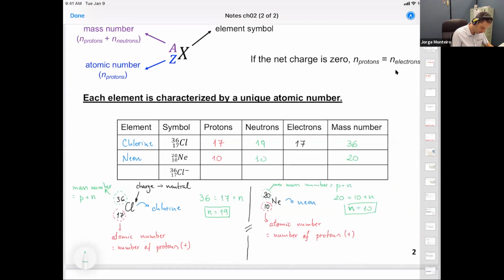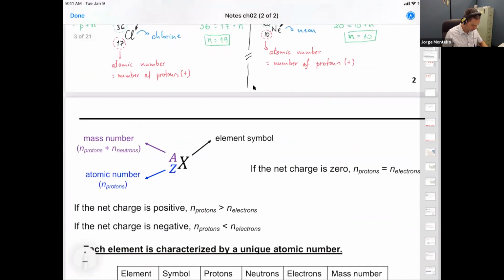Okay. And finally, number of electrons. Look now at the top right corner. If there is nothing there, it means the charge is 0. Therefore, number of electrons is the same as the number of protons. All right, so this should be clear for everybody at this point. If not, let me know.